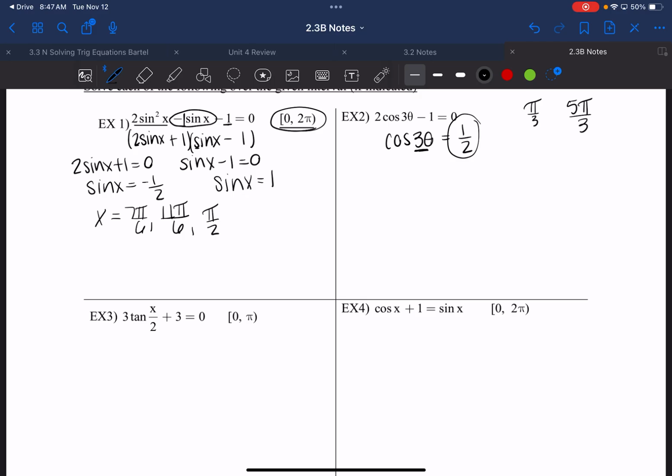Okay, and now this is where I have to worry about that 3 that was in there, because this would mean 3 theta is equal to that pi over 3, right? Or that 3 theta is equal to that 5 pi over 3. So how do we get rid of that 3 in front of the theta? Divide by 3, which is the same as multiplying by 1/3, right? So I'm going to multiply by 1/3.